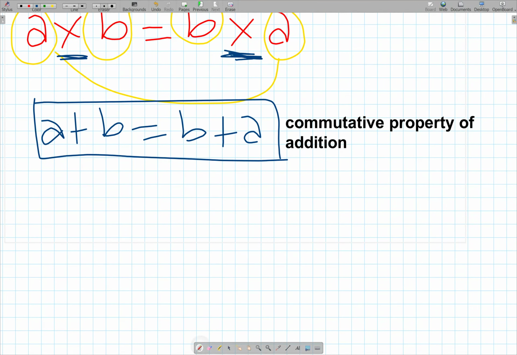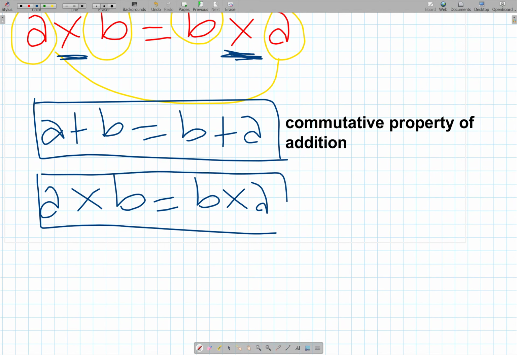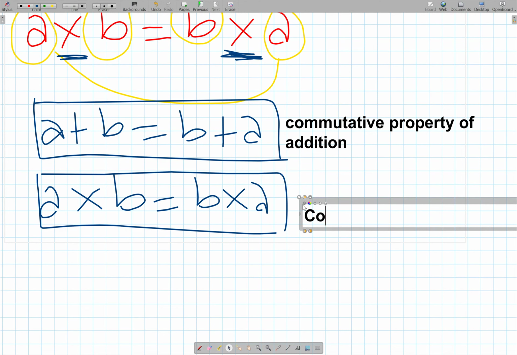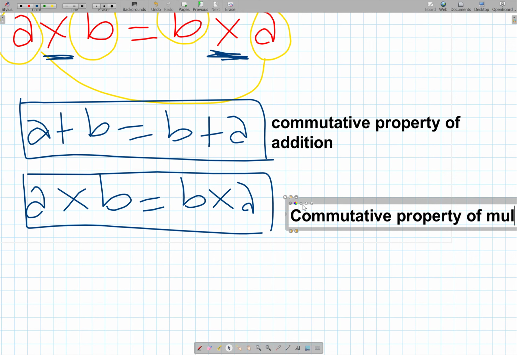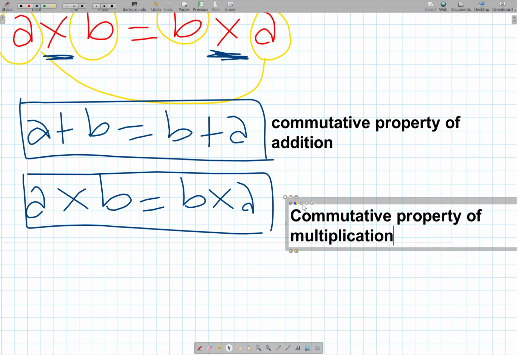Pag naging times, let's say A times B equals B times A. So, times yan siya. So, ang tawag dito ay commutative property of multiplication. Okay, yan, no? Ayan.